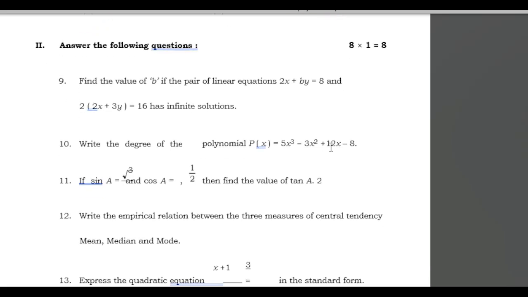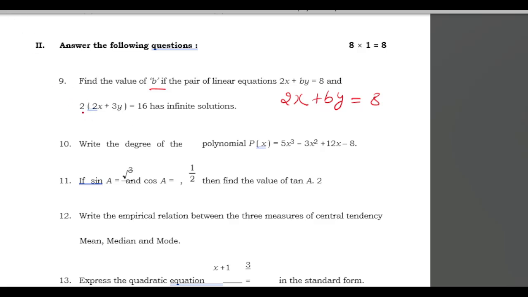So next is a very easy problem. Find the value of b. The pair of linear equations is 2x plus by is equal to 8. So here, one more equation they have given. Between this 2 and this bracket, there is a multiplication symbol.